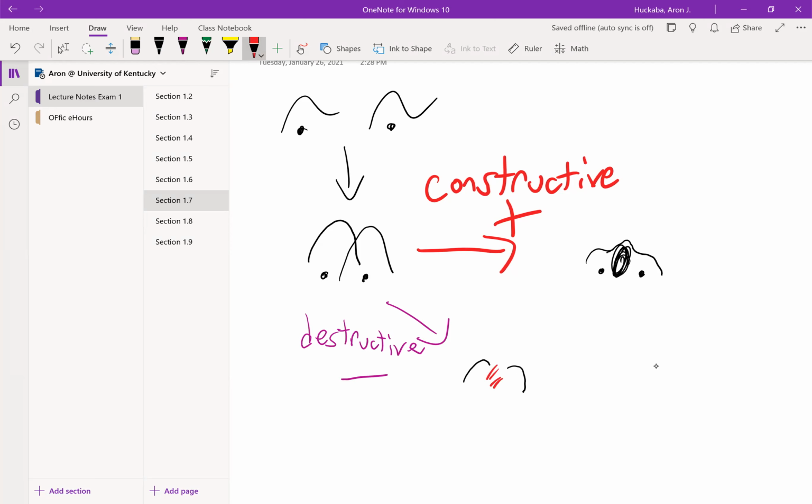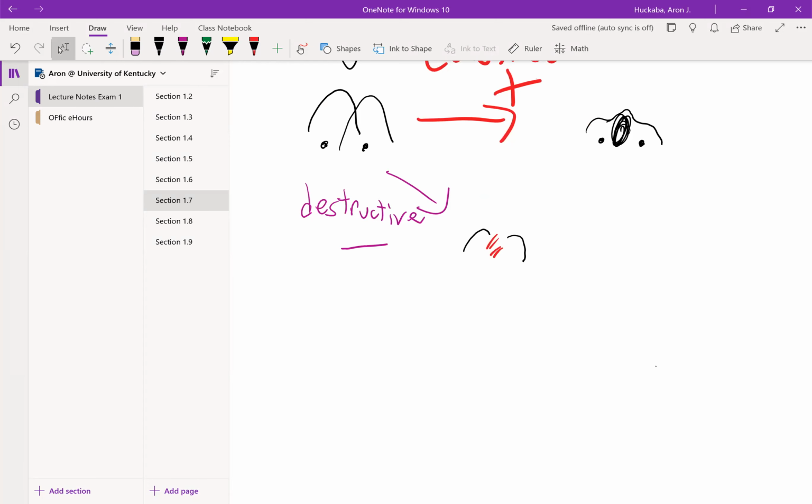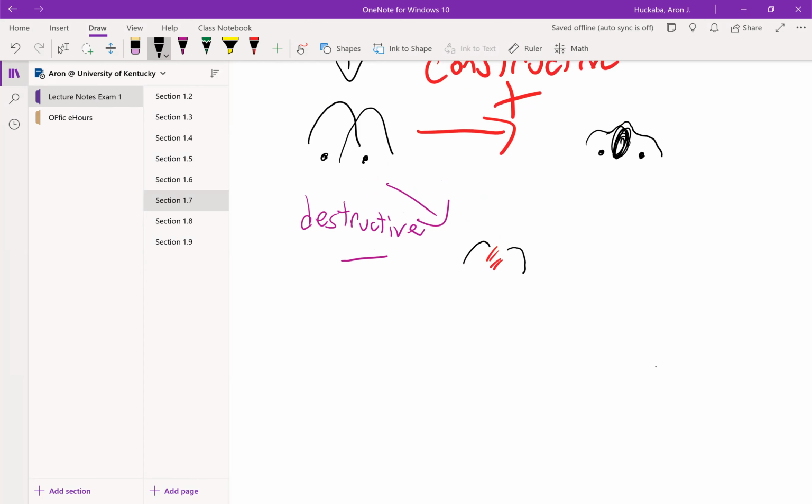So this has a big impact for us because valence bond theory will tell you that, for instance, a bond between, let's say, a carbon's sp3 orbital, because we're going to talk about that in a later section, bonds with a hydrogen only if this is constructive.